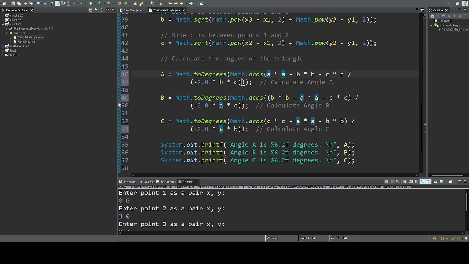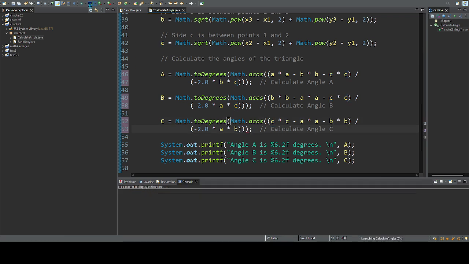Get some extra parentheses here. I can see why they misprinted it in the book. All right, so now arc cosine contains all of that. And arc cosine is going to, there we have an upstairs, and we divide by the downstairs.